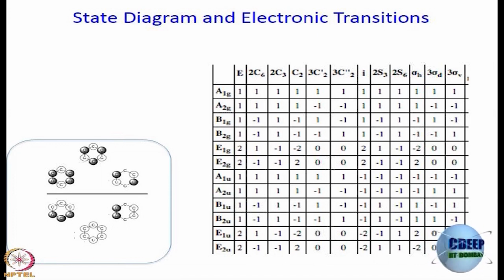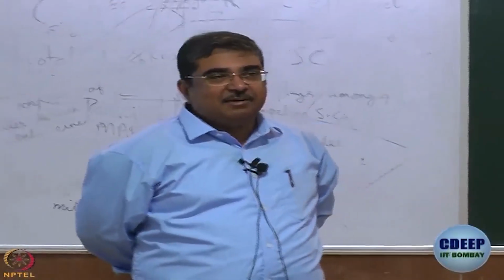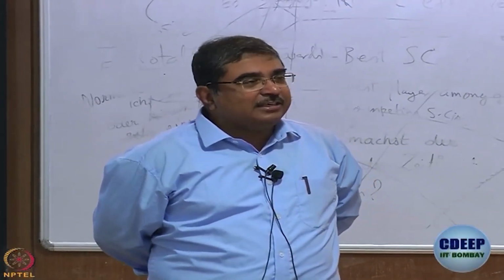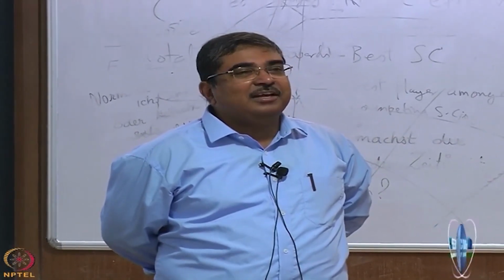So, when I have something like this, what would be the symmetry of that? The lowest energy atomic orbital, molecular orbital, what would be the energy? Yes, A1g. A1g is totally symmetric. Do we agree that the lowest energy molecular orbital here will be A1g? Do we all agree?